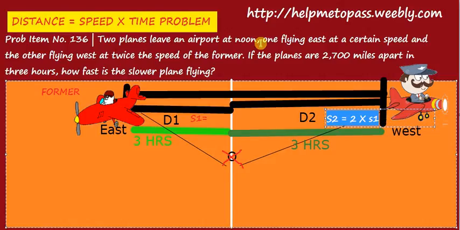Can you follow? Let's change the color so that you will be able to follow this. So s2 is now having a speed twice the speed of plane 1.